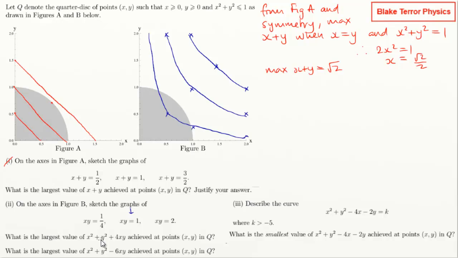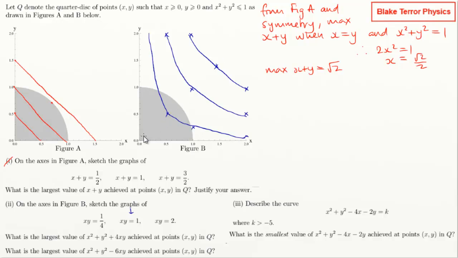What is the largest value of x squared plus y squared plus 4xy achieved at points x, y in Q? So the largest value of these things put together. These things are moving out again. So x times y increases as we move out, and so does x squared plus y squared. They just keep on increasing as we're moving out.